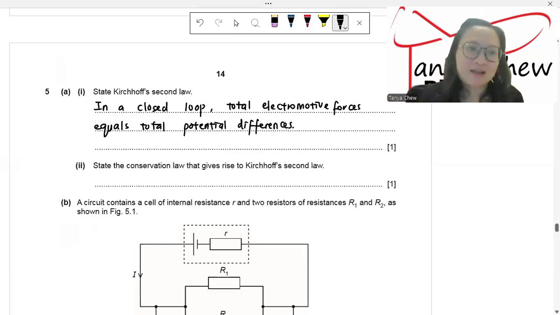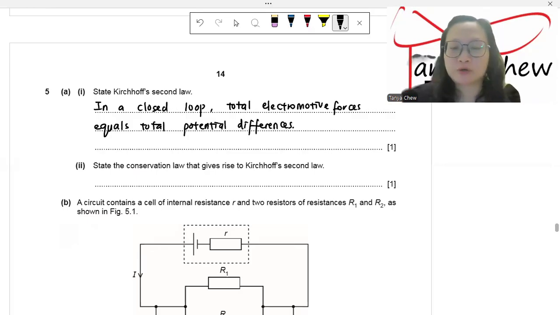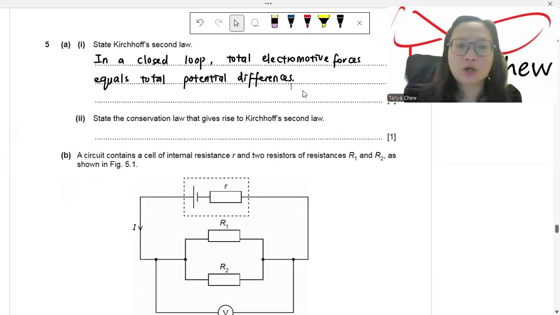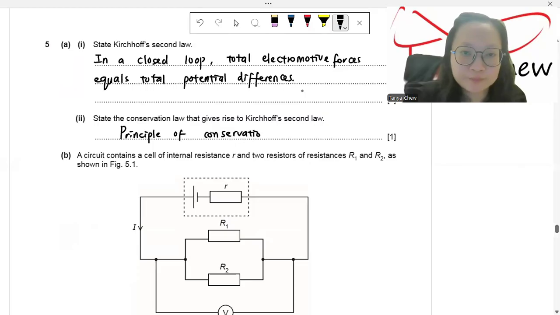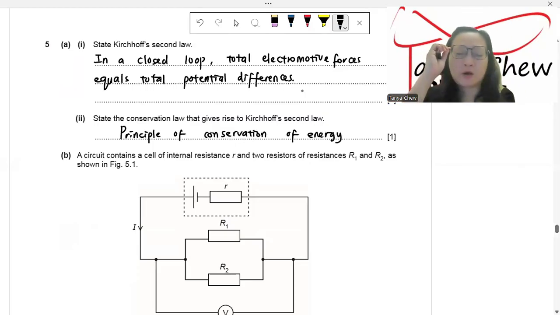That's all. Second part, state the conservation law that gives rise to Kirchhoff's second law. Kirchhoff's second law is about the principle of conservation of energy. That's Kirchhoff's second law.